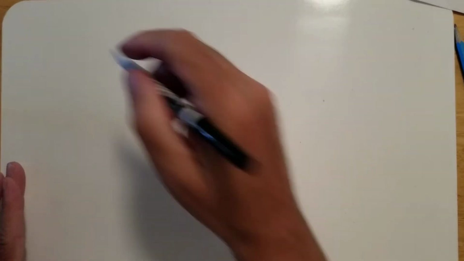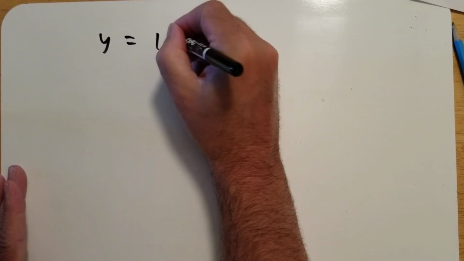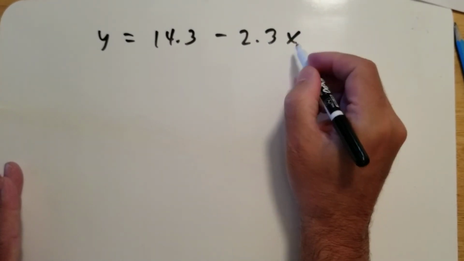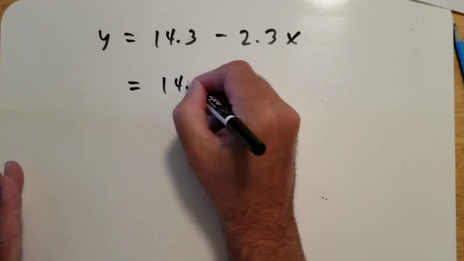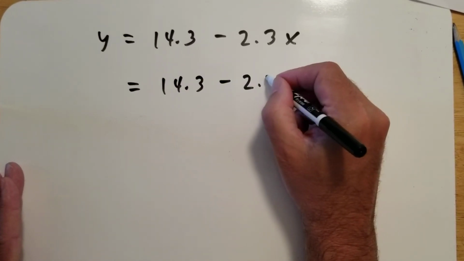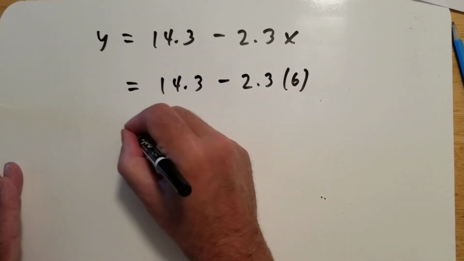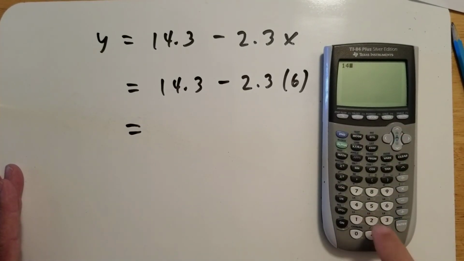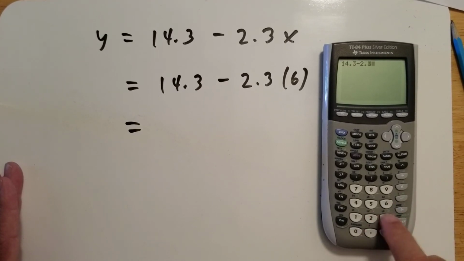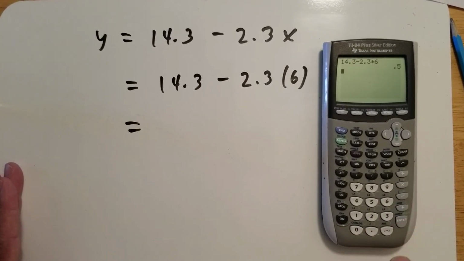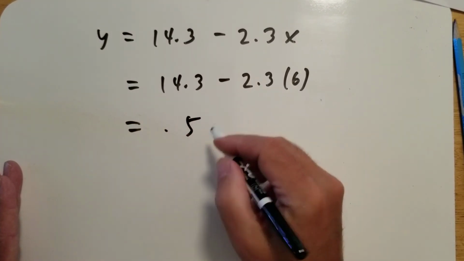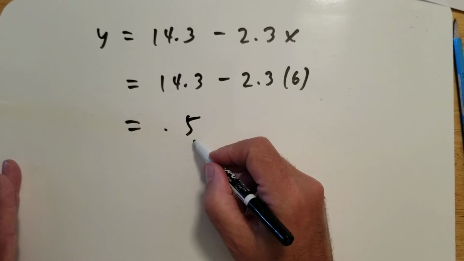So what I'm going to do is take that equation, 14.3 minus 2.3x, and instead of x I'm going to put in 6. 14.3 minus 2.3 times 6, and then I'll use the calculator for this. 14.3 minus 2.3 times 6, and I get 0.5 for that. And that would be the predicted value of y when x is equal to 6.